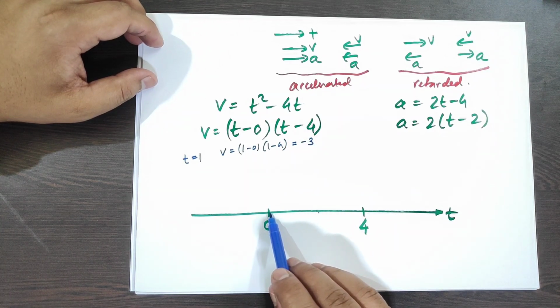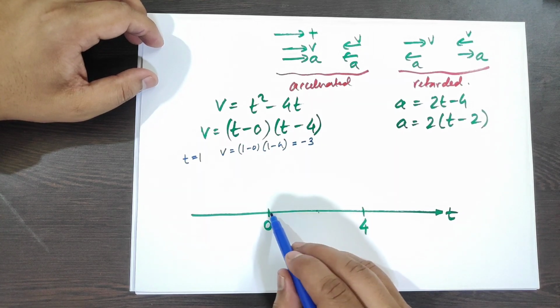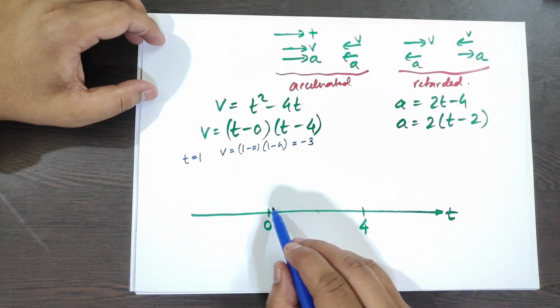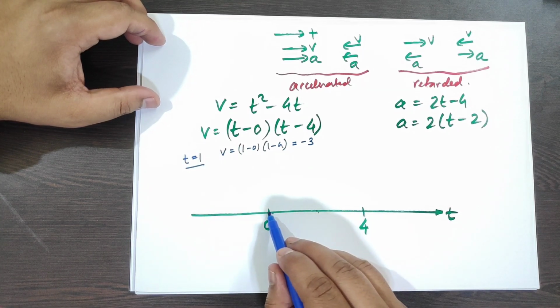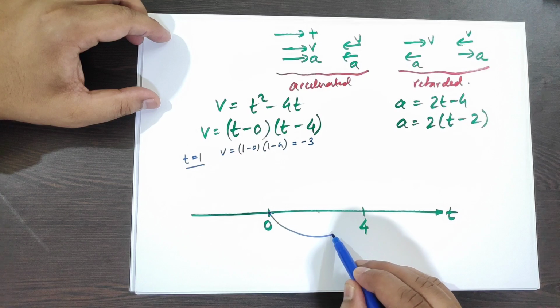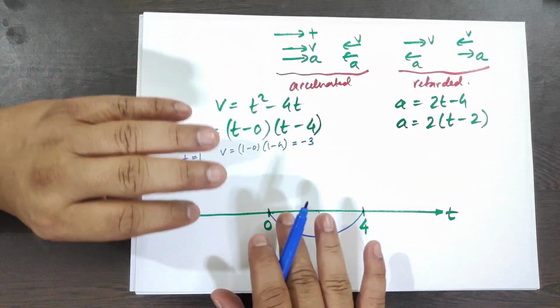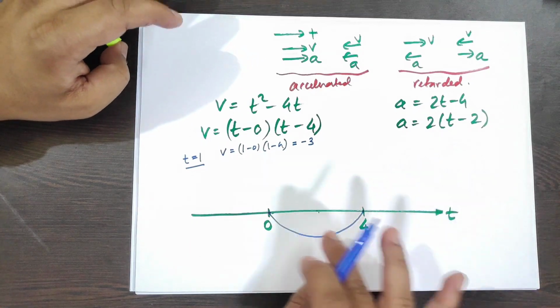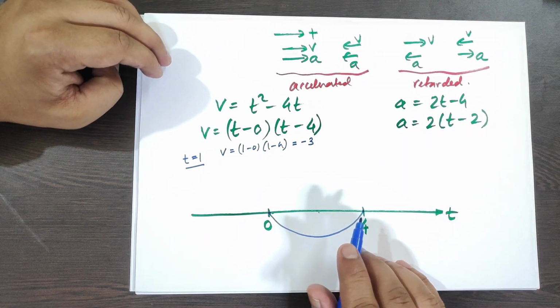So for all values it's negative. So at 0 and 4, obviously they are 0, so in the interval from 0 to 4, V is negative. We don't have to draw the exact nature of the curve, just the signs. Okay.